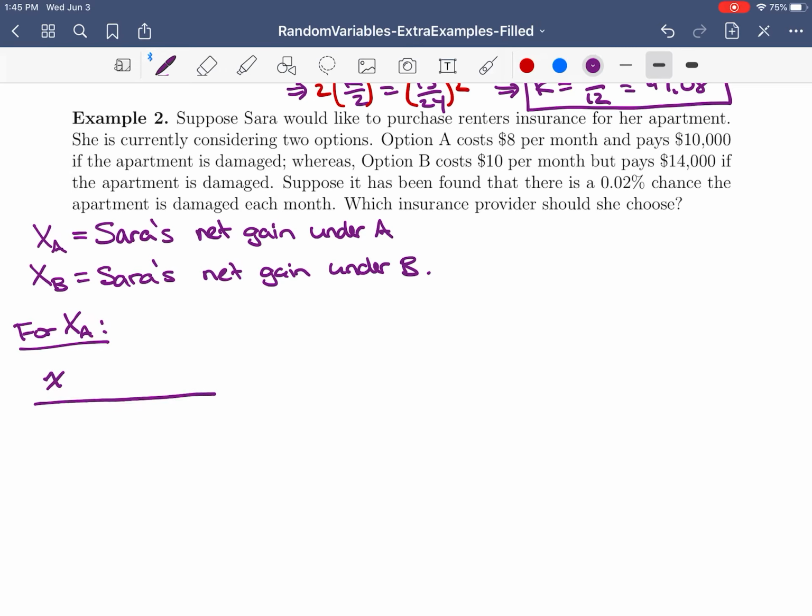So what are the options for X here? If there's no damage, she's going to pay $8, so her net gain is going to be negative $8.